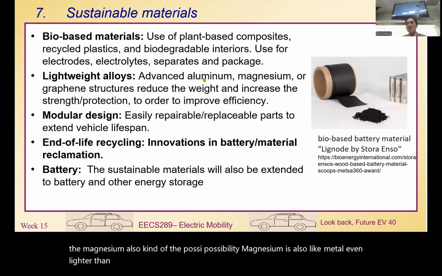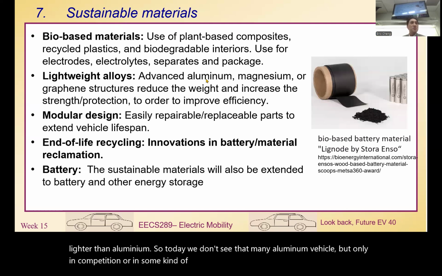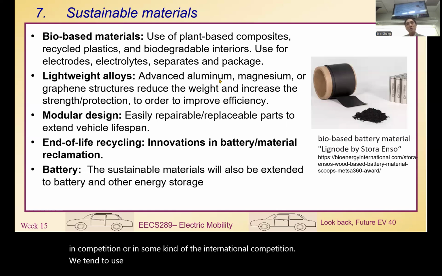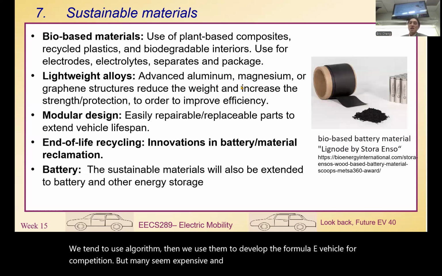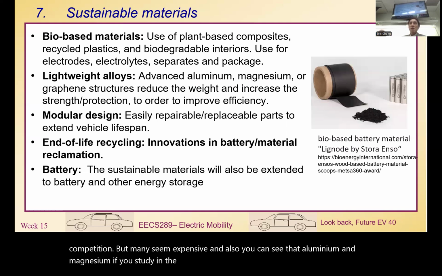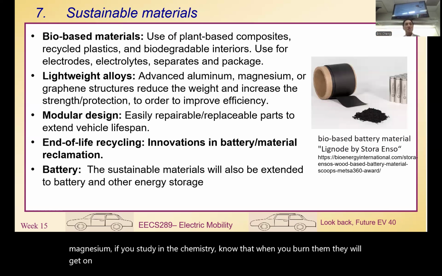Today we don't see that many aluminum vehicles, but in some international competitions and school projects, we tend to use aluminum. We use it to develop the Formula E vehicle for competition. But magnesium is really expensive. Also, if you study chemistry, you know that when you burn aluminum and magnesium, they give a very bright fire.